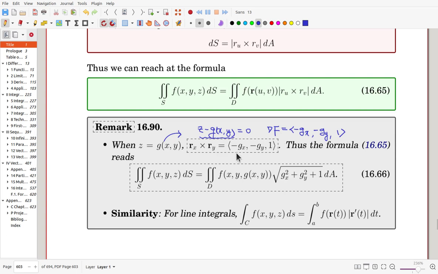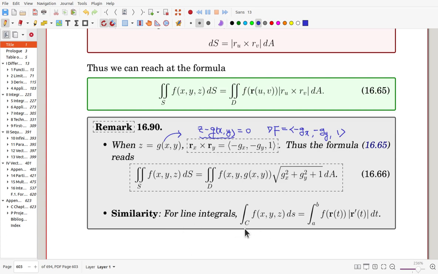Once we get this cross product, we can measure its length easily, so that for this special case, you can get the surface integral of the scalar function in this way. And that is quite similar to the line integral.